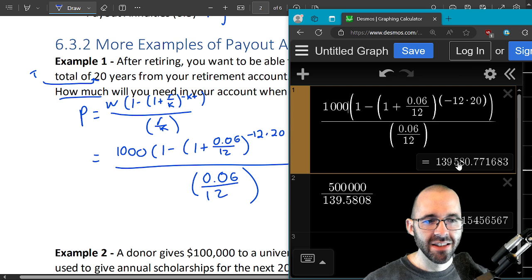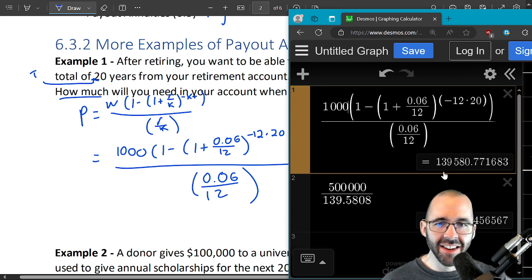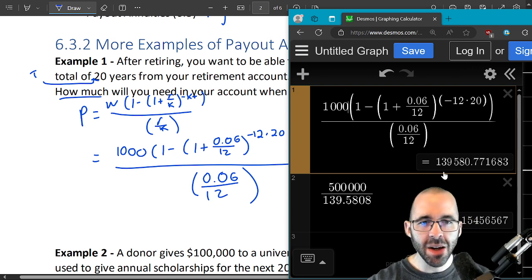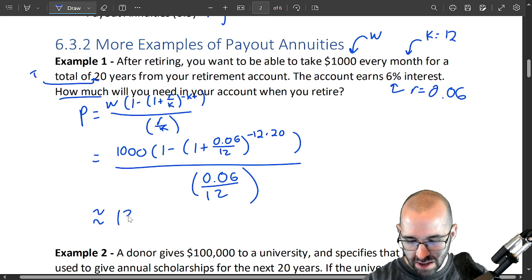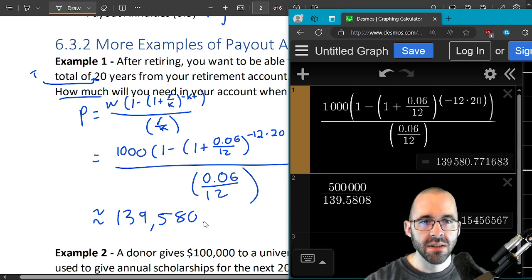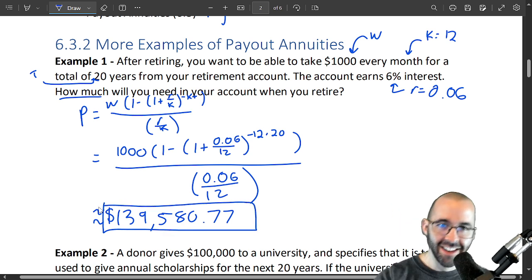And we look good. So now if we're going to be real frugal, we only need 140K. P should be about 139,580.77. Now that is a retirement amount I can save up for.